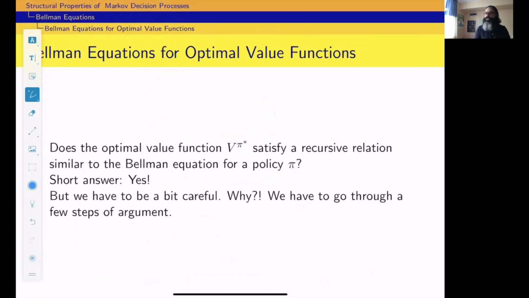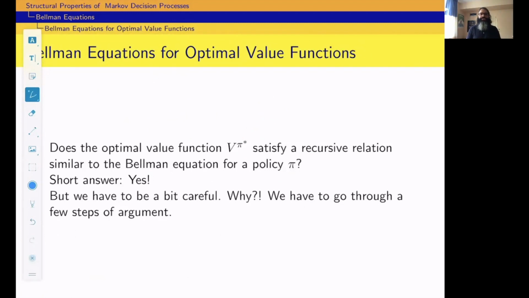So the question is: do we have a similar recursive equation, something like the Bellman equation, for v of pi star or not? We don't know that yet, but the answer is yes, we do. That's great, but when we want to talk about it we have to be a bit careful, because if we want to be rigorous, we need to go through a few steps showing why what we are doing is actually meaningful.